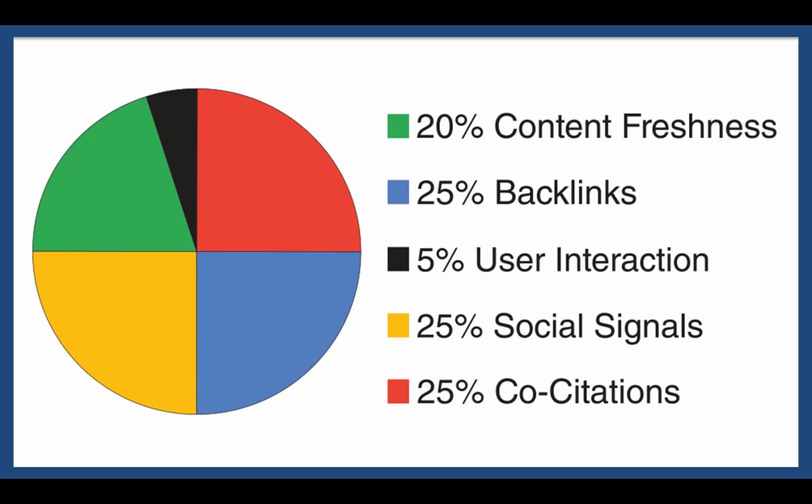For instance, the Google My Business Center has reviews, and those reviews are definitely tracked by Google. And yes, I've seen from my own tests that sites, even without backlinks or co-citations or anything, rank well with quality social signals from Google My Business and Yelp and other review sites of note.